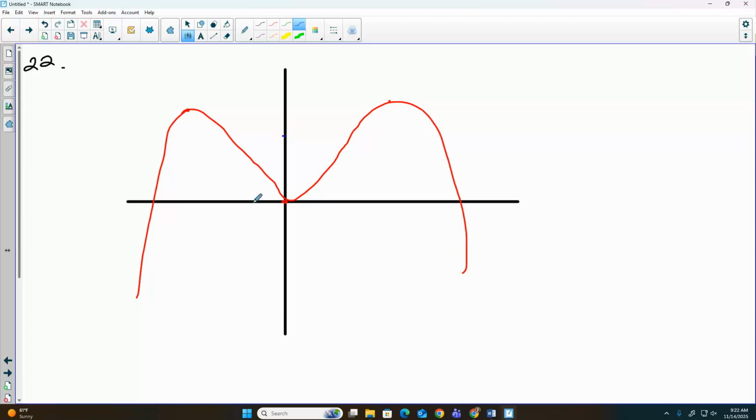I am not going to get this right when I'm drawing. Actually, here, give me 1 second. I'm just gonna copy it off my study guide.